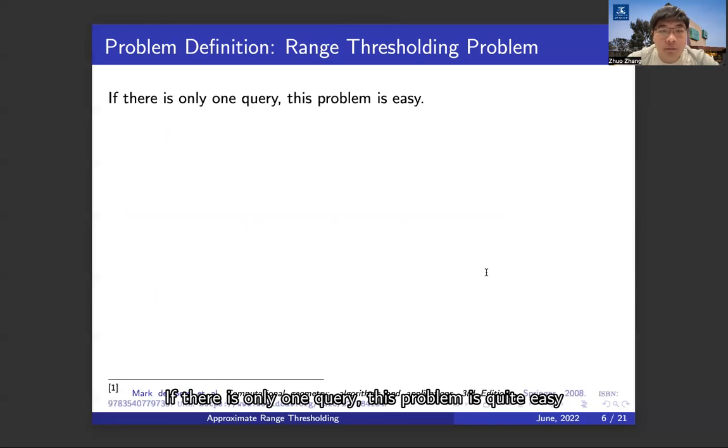If there is only one query, this problem is quite easy. You can simply maintain a counter for the query, and every time a new element arrives, you check whether the value of the element falls in the range of the query. If so, you increase the counter by the weight of the element. When the counter exceeds the threshold for the first time, you report maturity.